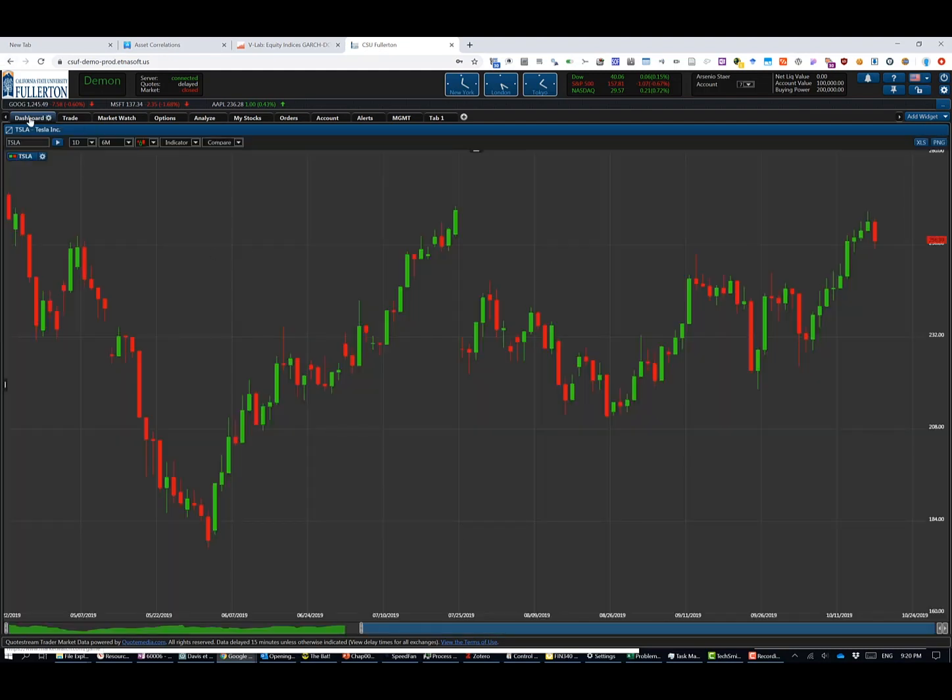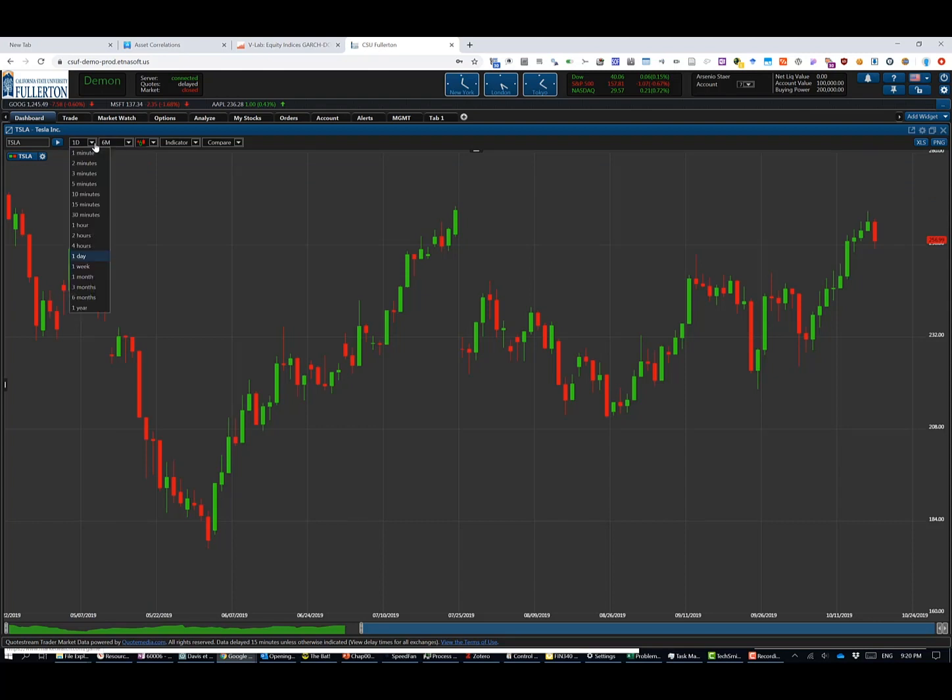And on my dashboard, I already have a chart for Tesla. How do I get the chart for Tesla? Just in a particular field, I type in TSLA, and I press enter, and I have the Tesla. And the period is 6 months, and it's daily bars.